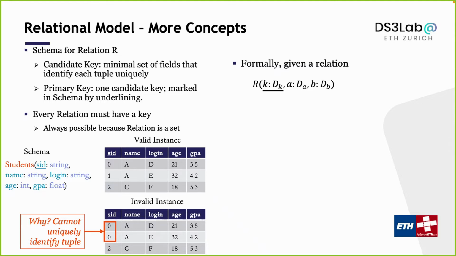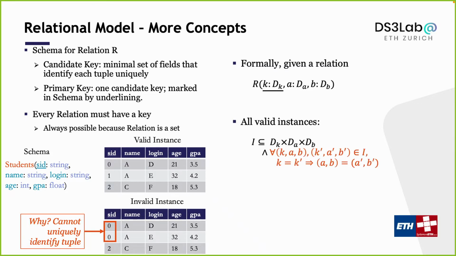Essentially, what it says is that whatever instance of the relation is, it must satisfy the following condition. That is, it needs to contain a set of tuples that satisfy the data type constraint. So it must be a set of tuples belonging to the cross product of dk, da, db.